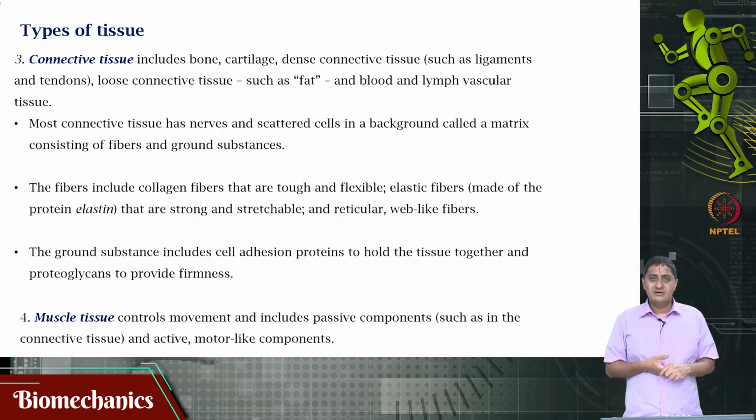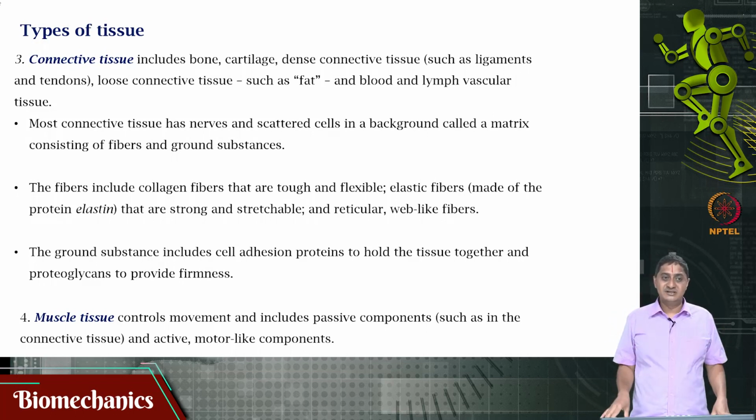Then you have muscles or muscle tissue. These are active tissues that control movement, and they also have some passive components like you find in the connective tissue, like you find in the tendon, ligament type of thing, and active motor-like components.